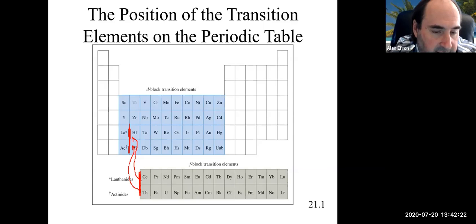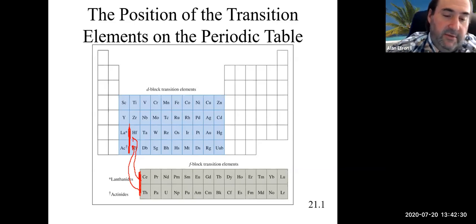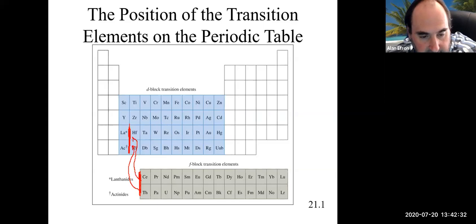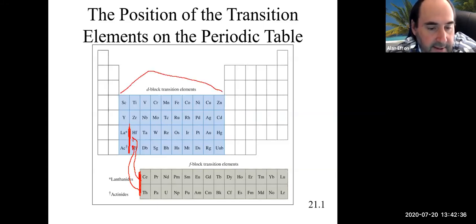You may also remember for electron configuration, our transition metals are our D blocks. So this is our D block here in terms of electron configuration. And remember that the Ds are one behind the period number, so that is the 4th period there.